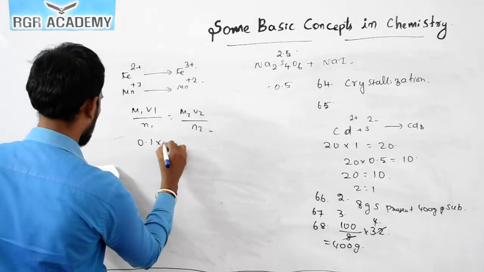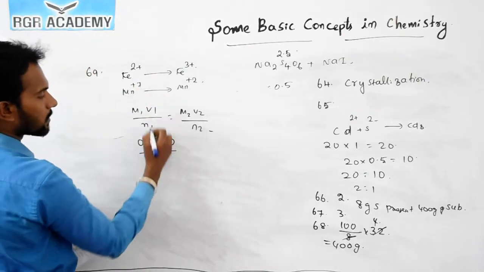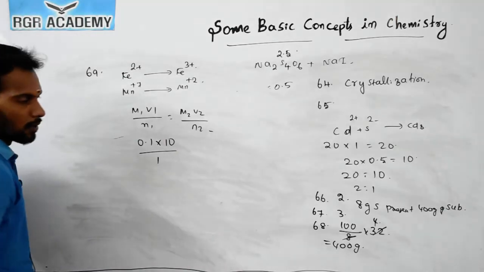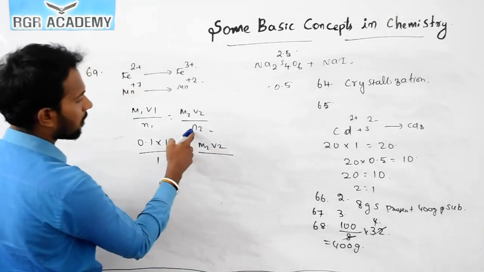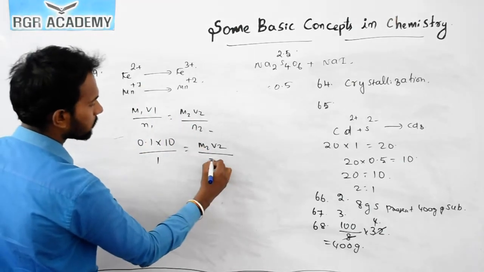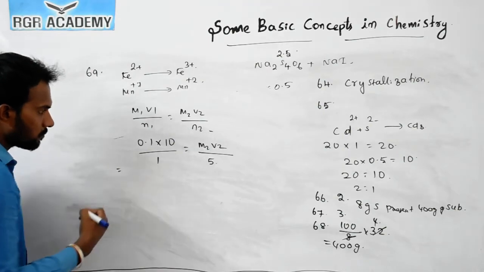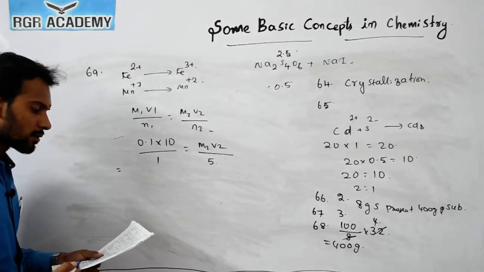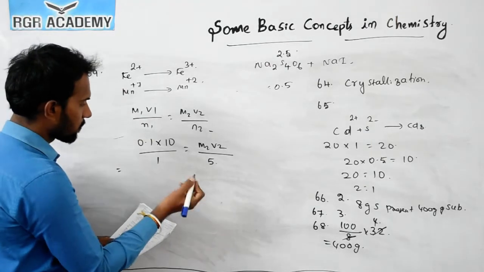And volume is 10. It changes from Fe 2 plus into Fe 3 plus. The change in ions is 1. M2 V2, the change in this N2 value is 5. So we can take it as the value is 0.1, right?